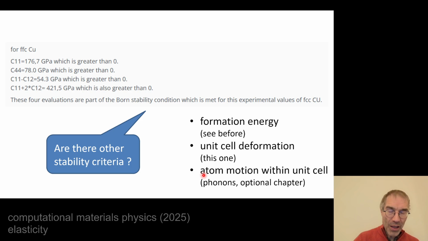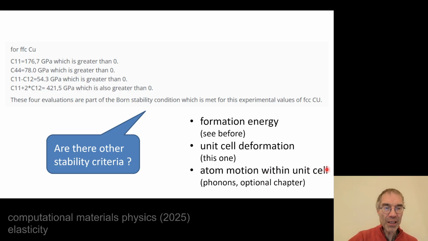If you excite that phonon mode, the atoms start moving, and rather than coming back and oscillating back and forth along an equilibrium, they would keep moving, and the crystal would disintegrate.